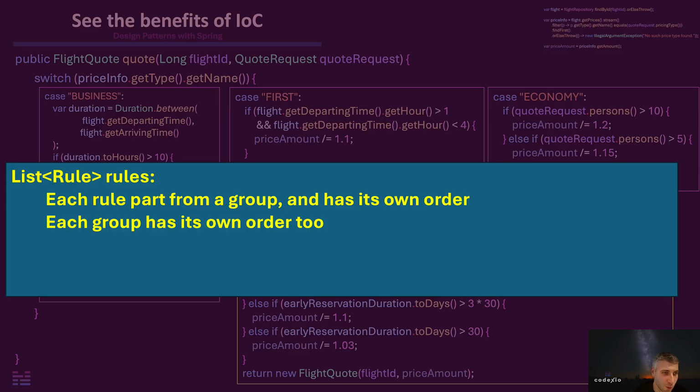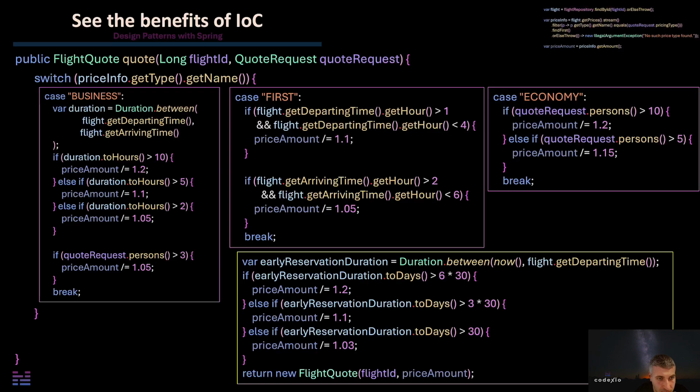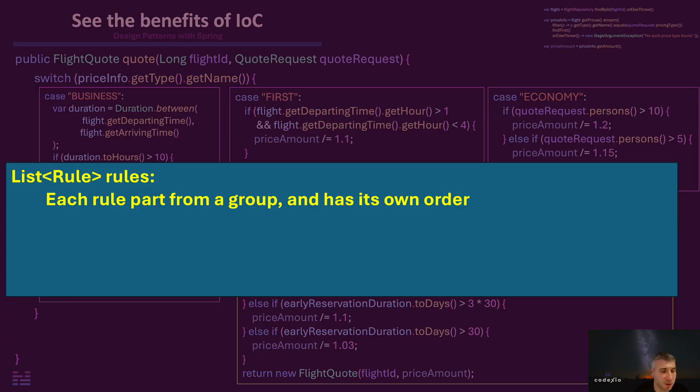So you can have a group of business strategy rules, then you can have another group of, let's say, this one. So the early reservation duration here can be one group itself. The rules for the business strategy can be another group.